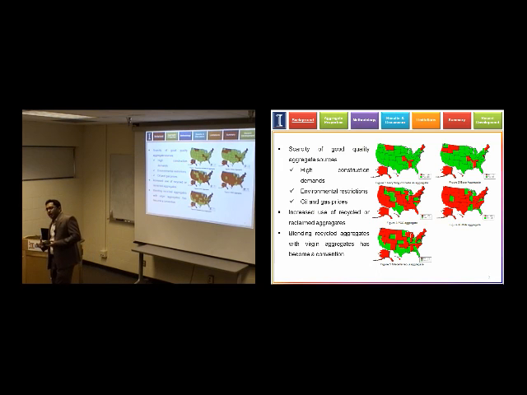As we are running out of good quality virgin aggregates, we are pushing towards the optimized use of recycled concrete aggregates. The scarcity of good quality materials is resulting from high construction demands, environmental concerns, as well as ever increasing oil and gas prices.